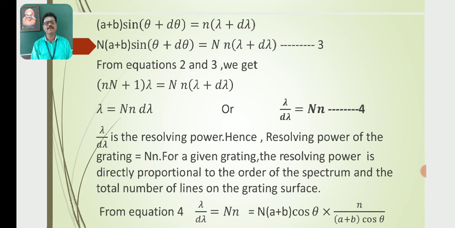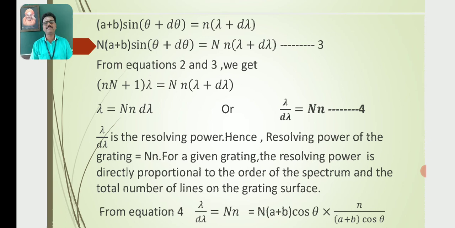Then the resolving power is also directly proportional to the order of the spectrum. So the resolving power depends on two factors: one is capital N, the number of lines or slits on the surface of the grating, and the other is small n, the order of the spectrum.